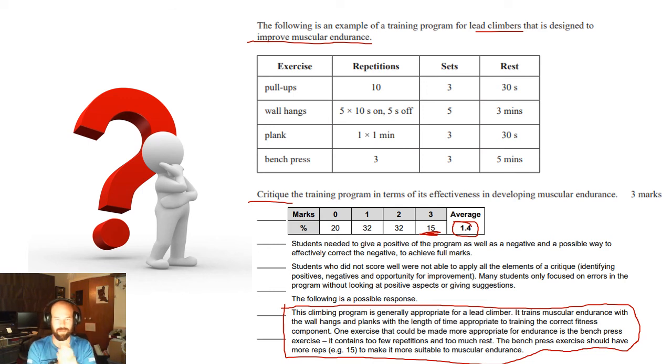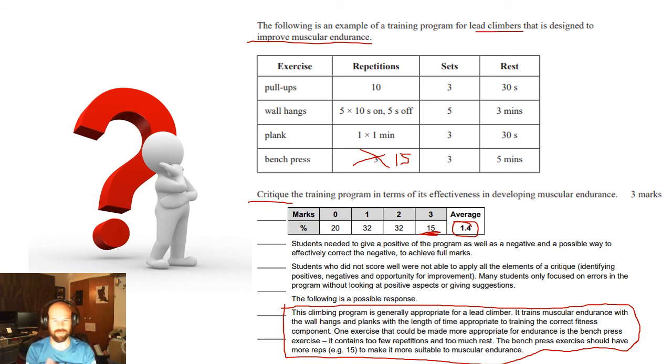You're doing 3 repetitions, which is a long way off any sort of muscular endurance improvement, and there is a massive amount of rest between sets. So you'd be wanting to change that number from 3 to somewhere between 15 and 25 repetitions.